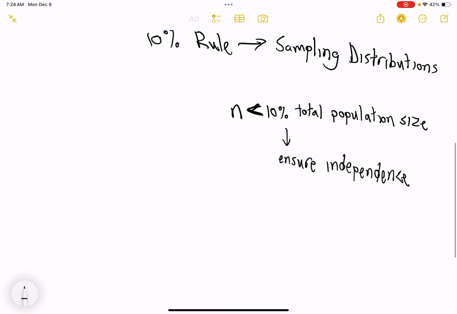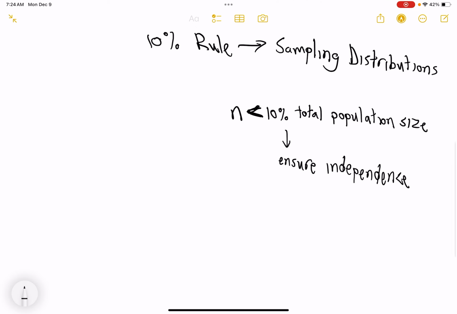Now, be aware, it is not the only way that we determine if we can do our wonderful normal calculations and things of that nature. What this is specifically ensuring is independence, and as we know in this class, independence is important to just about every calculation we do because we're in Stats 101 essentially, and in Intro College Stats, we do a lot of independence-related calculations.